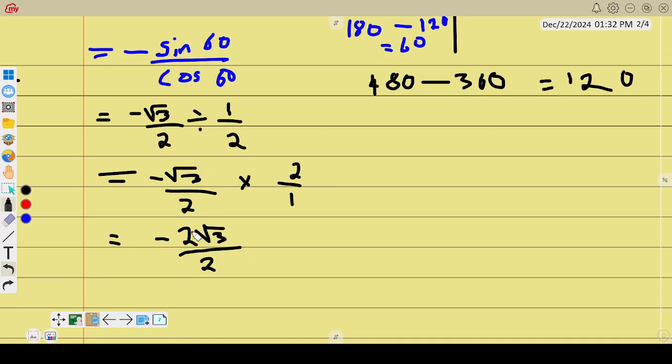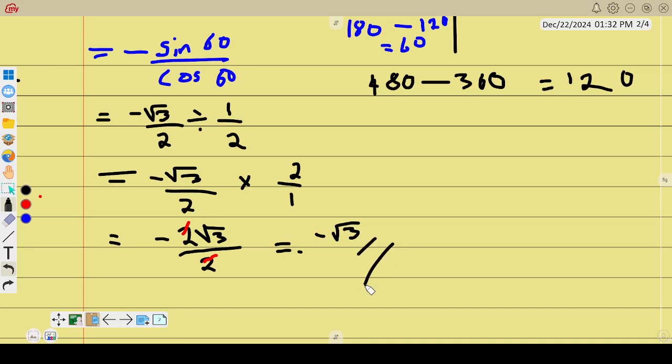This times that, 2 times 1, 2. And then the 2 can cancel. So this 2 and this 2, they will cancel. So we're going to remain with what? Negative root 3.